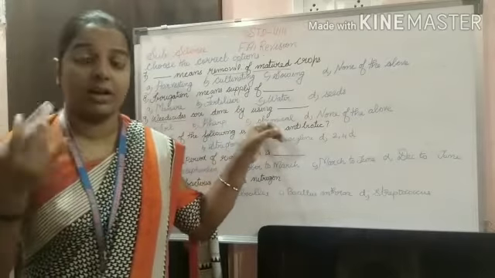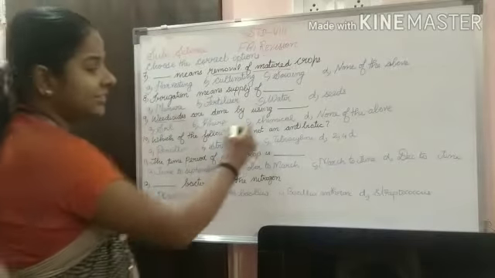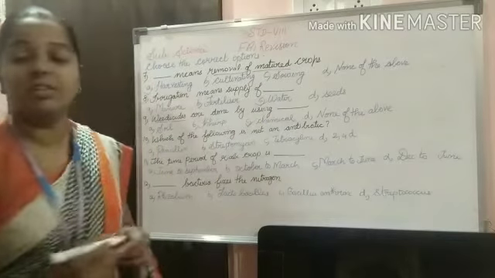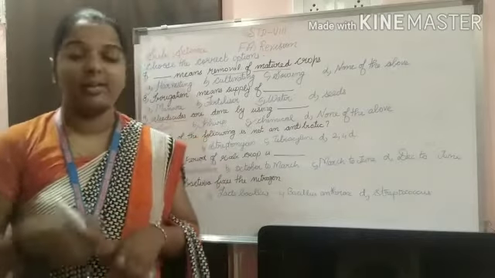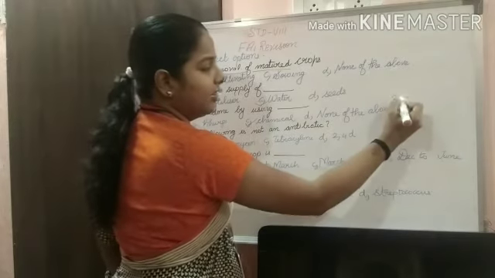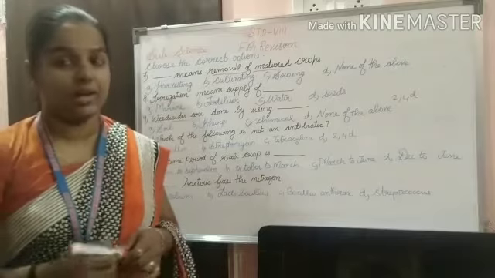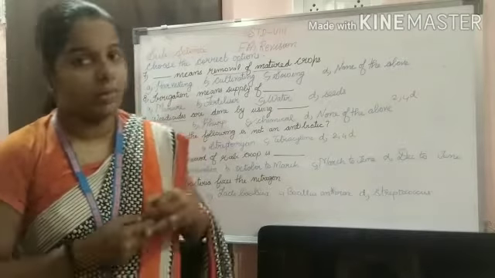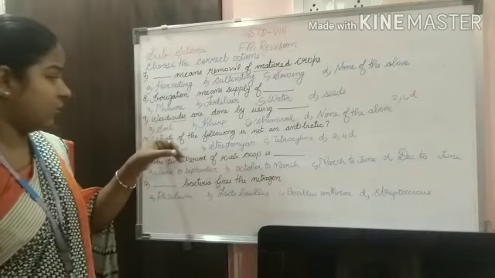Chemicals are used for killing the unwanted plants. So which is the answer? Chemicals. Chemicals that are used to kill unwanted plants are called weedicides. There is one weedicide, 2,4-D, used to kill the unwanted plants that grow in between the crops. Understand, students? Let's move on to the next question.